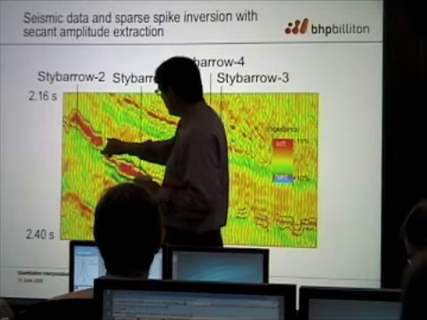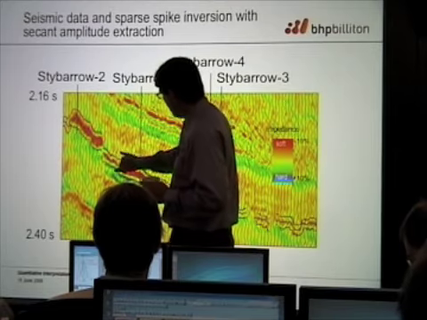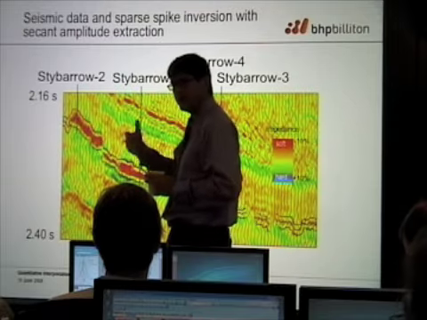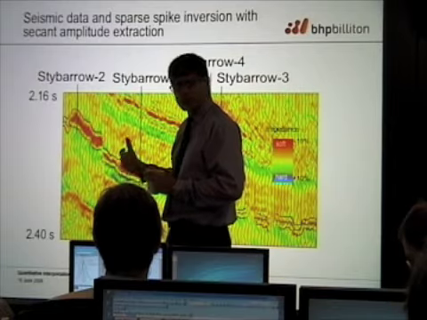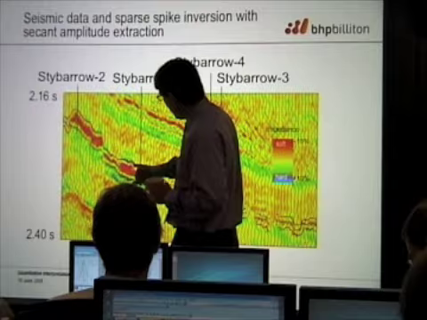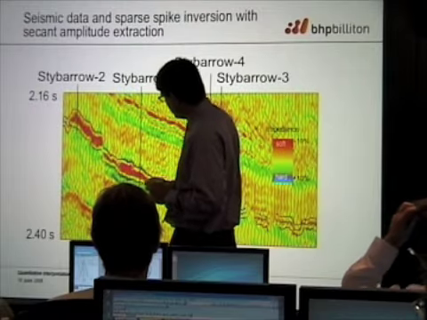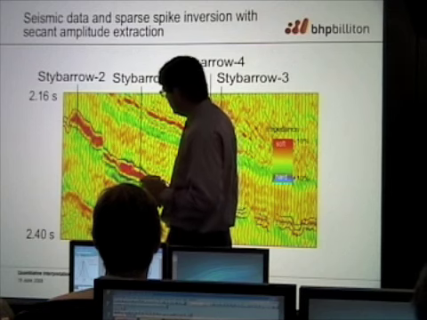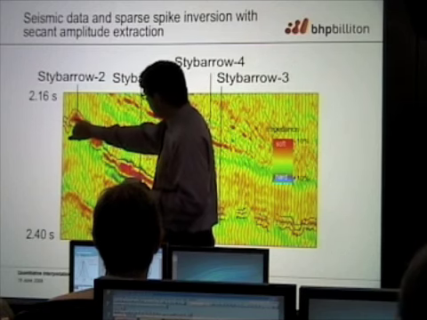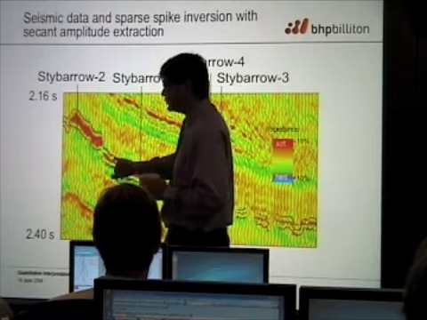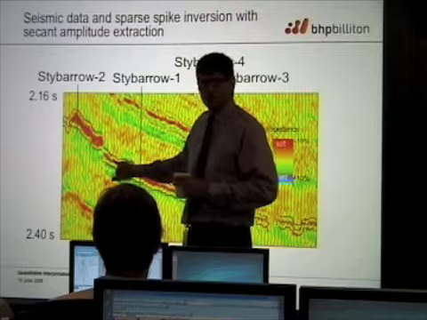Now, since we expect the sand to be soft, and we know that because of our modeling done before, we pick the hard streak on top of it and the hard streak underneath it. Then the program will find the biggest negative in between these two hard streaks.